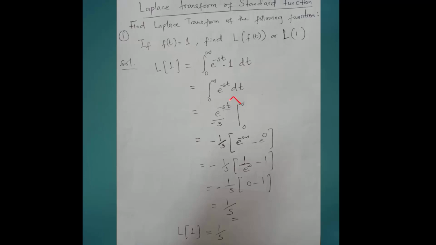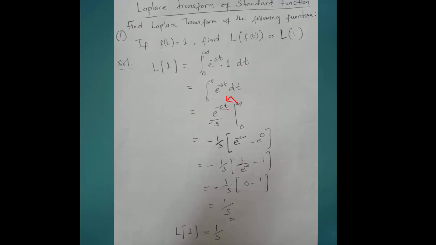Meaning your variable is t. So wherever there is t, you need to replace it with infinity, right? So that's what I have done. I have replaced this t with infinity, so you get this one, and you'll have the minus sign, and then you replace this t with 0. So whatever your power is going to be here, 0. So you get this one.